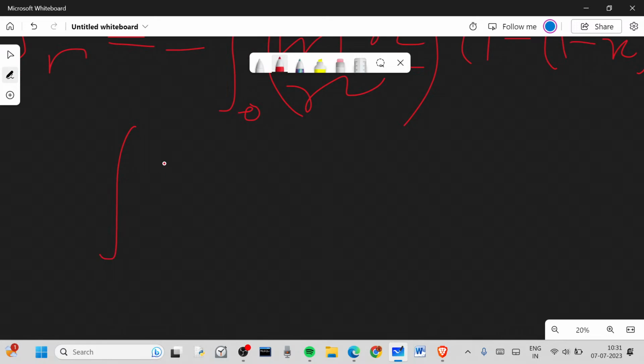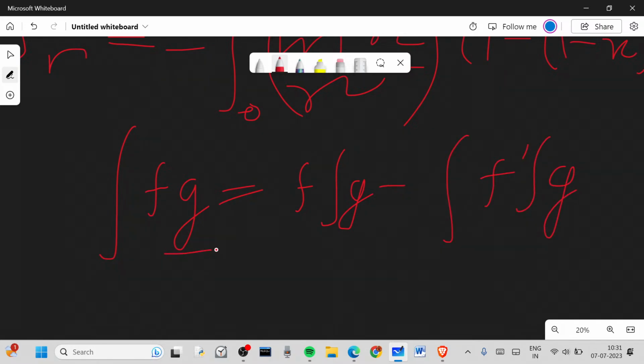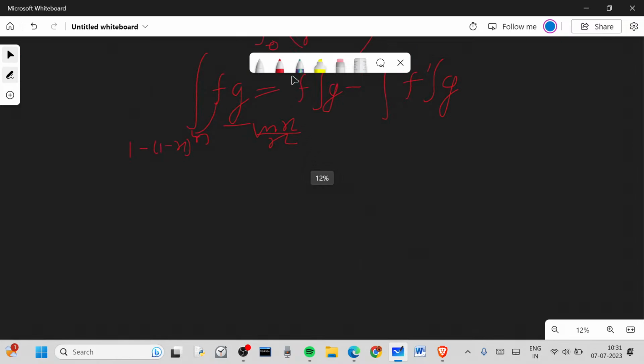Integral of f times g is f times the integral of g minus the whole integral of f dash times the integral of g. So here we are taking g as ln x by x, and f is 1 minus (1 minus x) to the power n. So writing it, 1 minus (1 minus x) to the power n into the integral of g, which is ln x by x, and the integral of ln x by x is pretty simple.